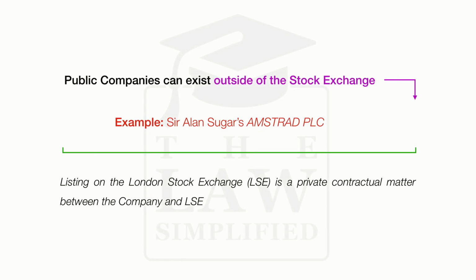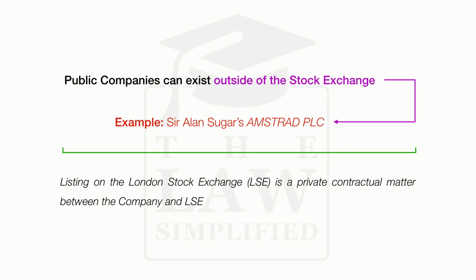Contrary to popular belief, a public limited company need not always be listed within a popular stock exchange. It need not be in a stock exchange whatsoever. It can exist outside of it. While this is not the norm, there are exceptions to this rule, where you see, for example, Sir Alan Sugar's famously incorporated Amstrad PLC, which in fact exists outside of the stock exchange.